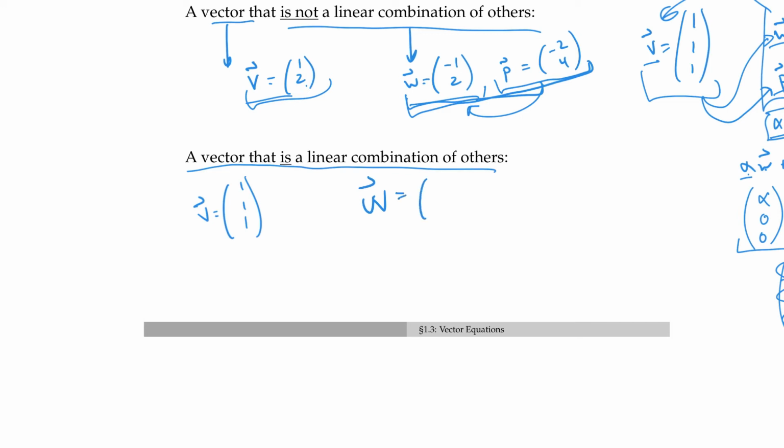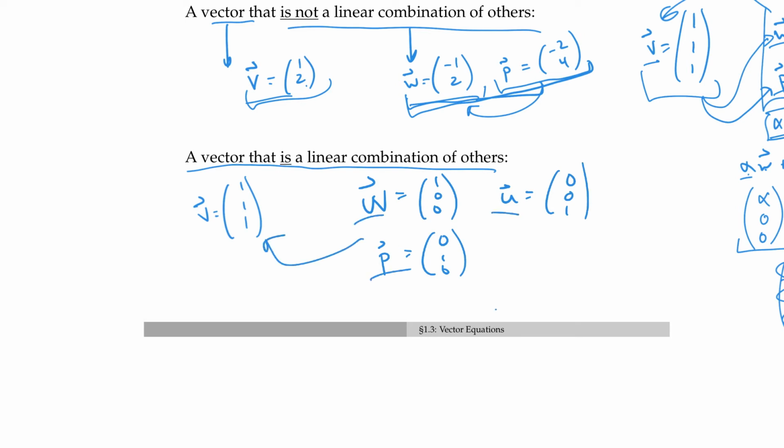So W was (1, 0, 0). P was (0, 1, 0). Let's take U to be (0, 0, 1). Well, W, P, and U are a linear combination that will form v, because W plus P plus U equals v.